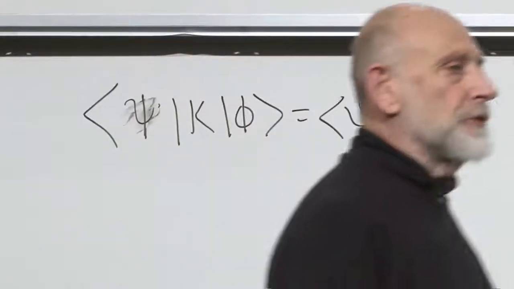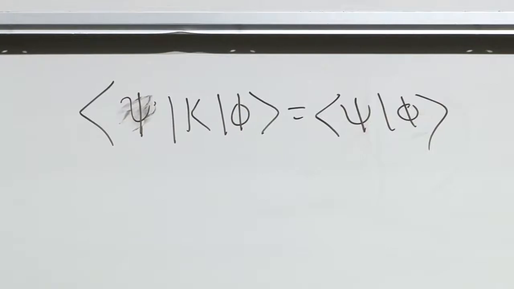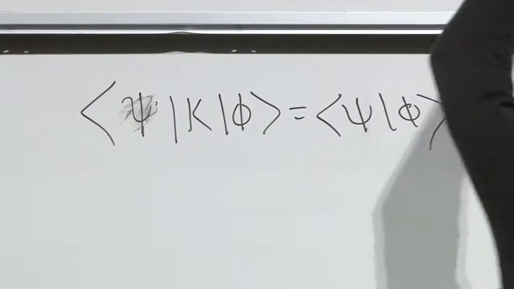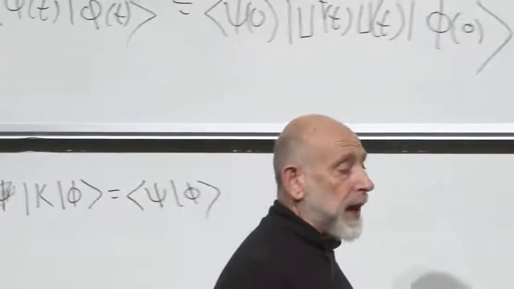The unit operator is the operator which does nothing, just gives you back the same vector. So it follows then that U dagger times U must be the unit operator.